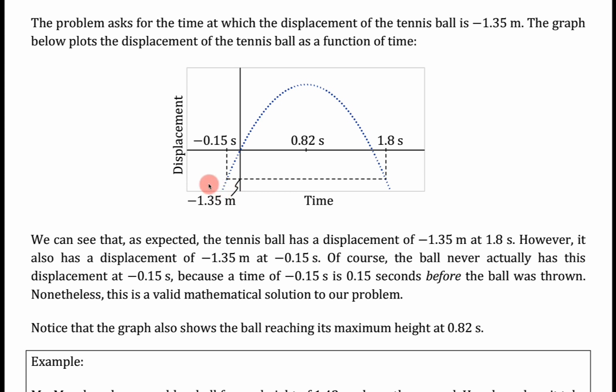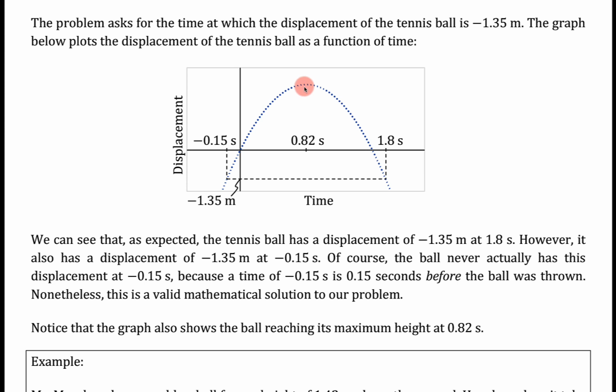I actually plotted the displacement of the tennis ball as a function of time. And so just to be clear about what's happening in this graph, at a time of 0, the ball's displacement is clearly 0 because it hasn't left my hand yet. And then it reaches its maximum height at 0.82 seconds.